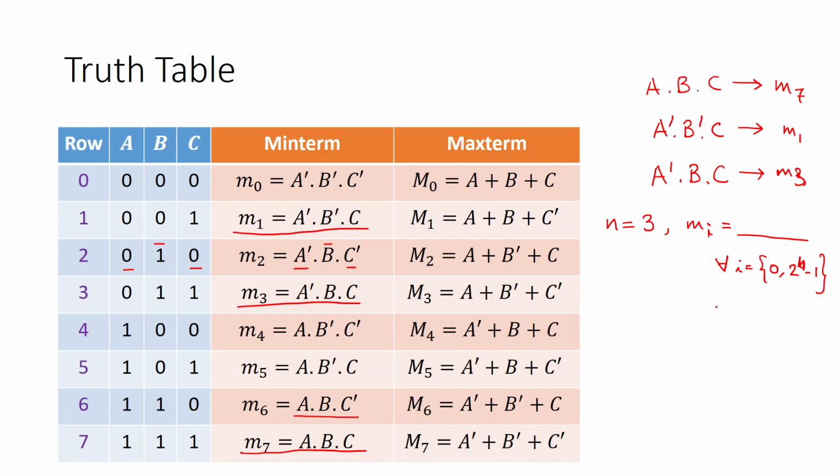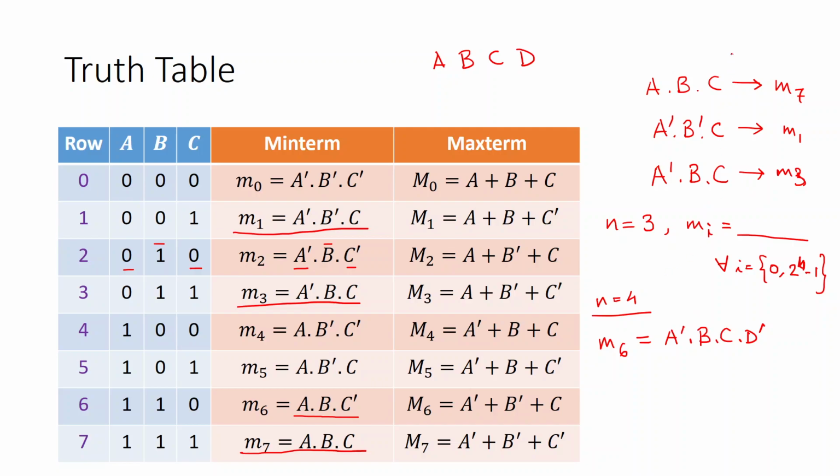So you have to know your n, that is important, because if your n is 4, then what would be m6? Considering the sequence starting from A, then B, then C and then D, your m6 will suddenly become A dashed, B, C, D dashed.